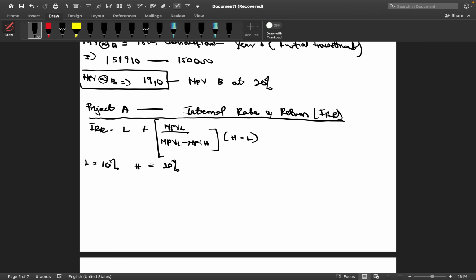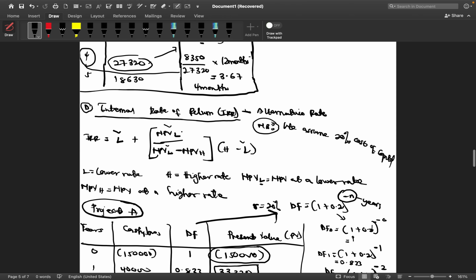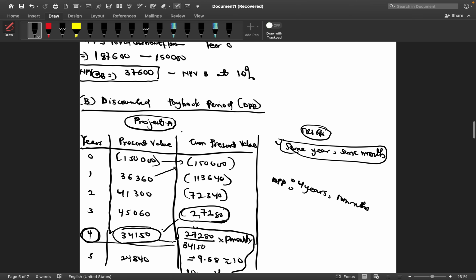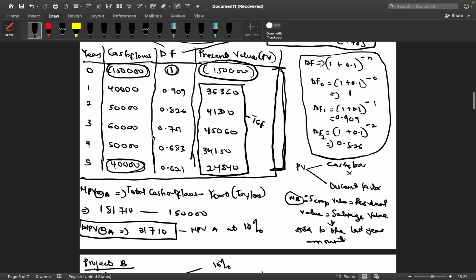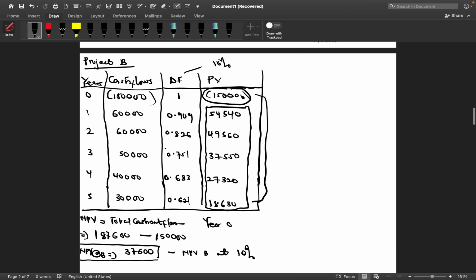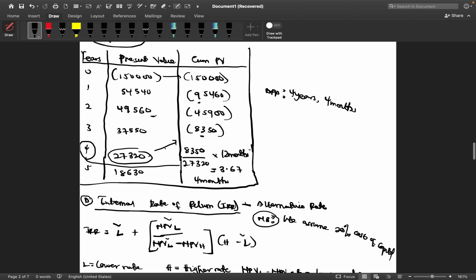So this is NPVL. It means NPV for project A at 10%. So let's go to 10% project A. Let me write the number down: 31,710. So now let's go to NPV for project A, but at what? 20%.